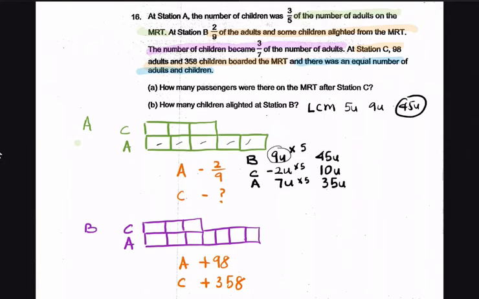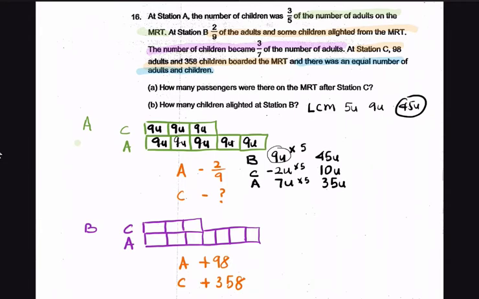So now over here, I will write 9 units, correct? So that there's 45 because the lowest common multiple is 45. So this is what you do after drawing the model. Okay? So if adults is 9 units each, then children here will also be 9 units each.